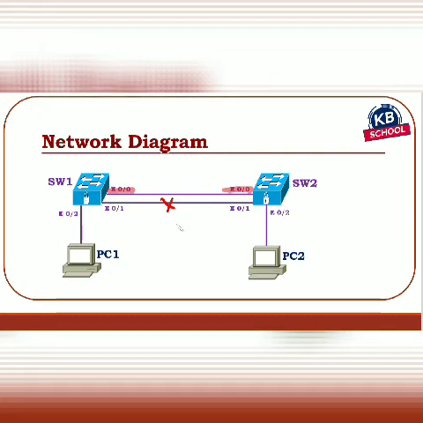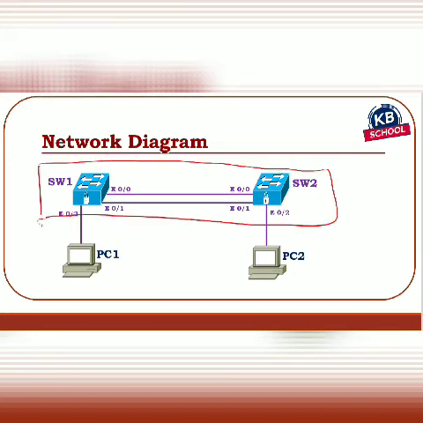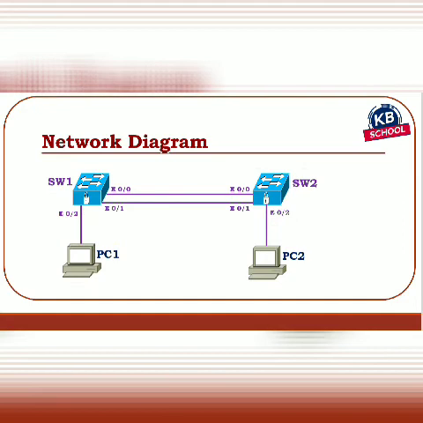So STP has taken care of a loop between what? Two switches by blocking one of the ports. Good so far? So that aspect has been taken care of, but there is another aspect that we haven't taken care of yet, and that is our overall loop.